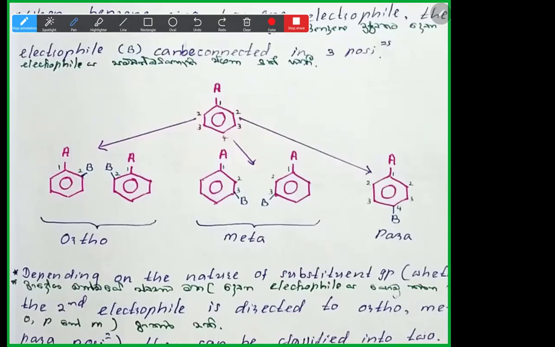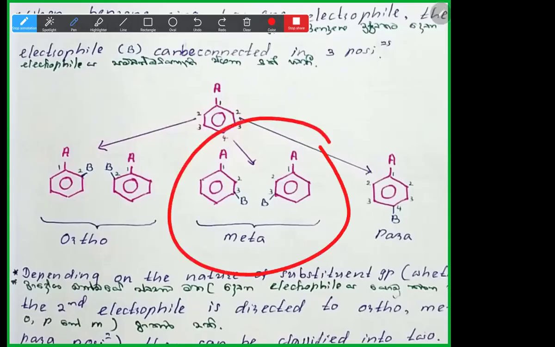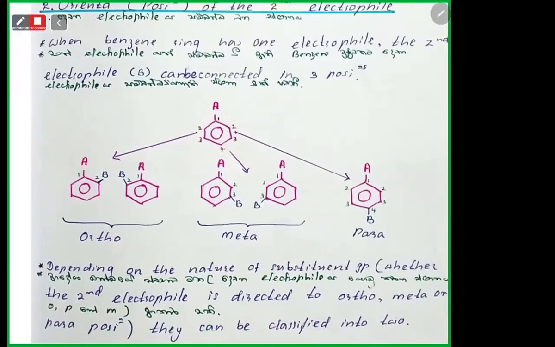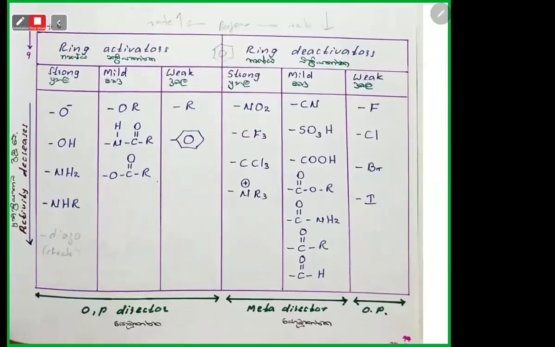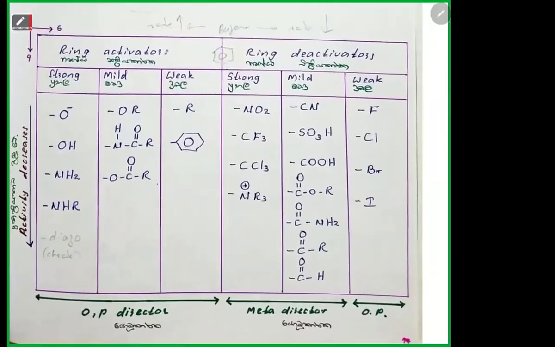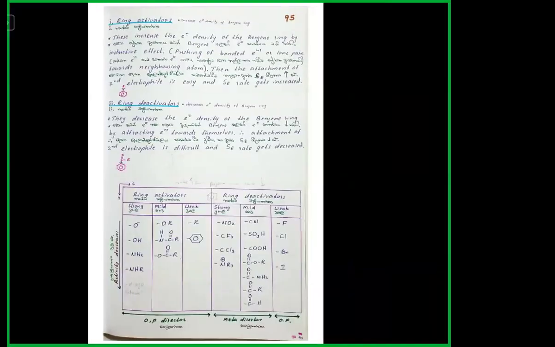If they deactivate ortho and para, with less electron density there, then the group goes to meta. Is that clear? They are not activating meta; they are deactivating ortho and para, so it goes to meta. And here again, all ring activators and weak ring deactivators are ortho-para directing. Strong and mild ring deactivators are meta directing.